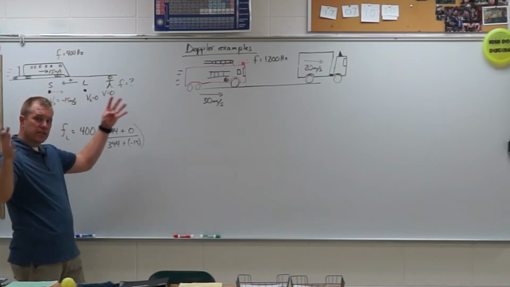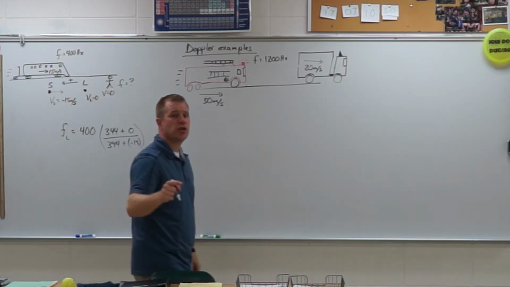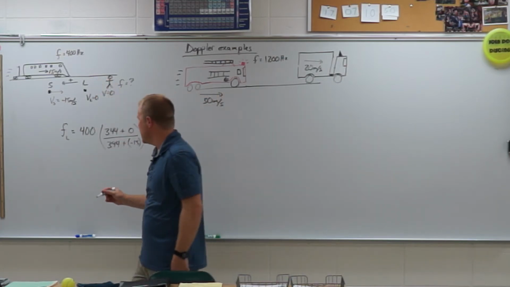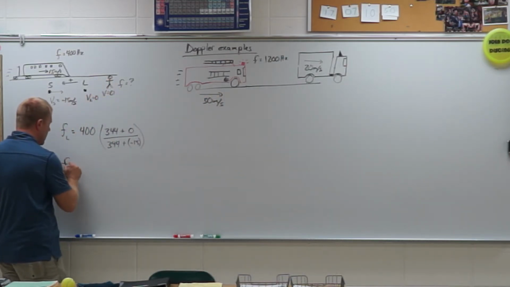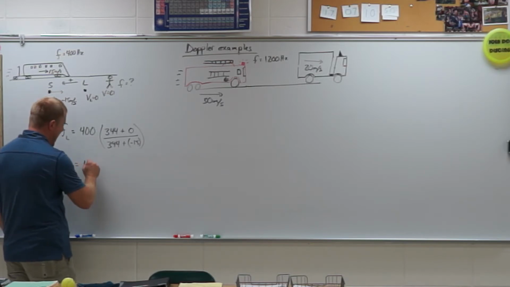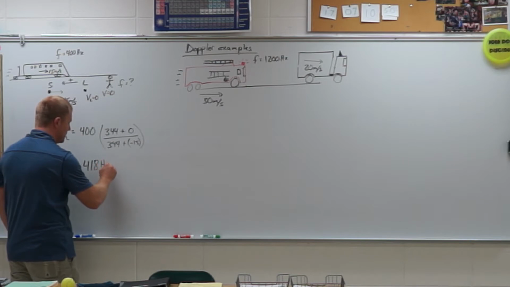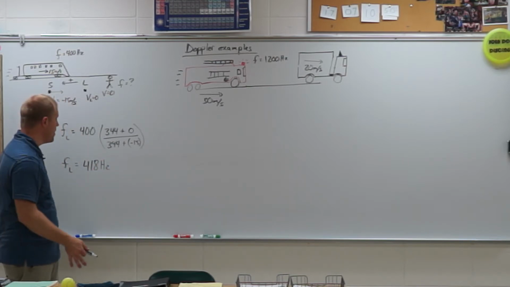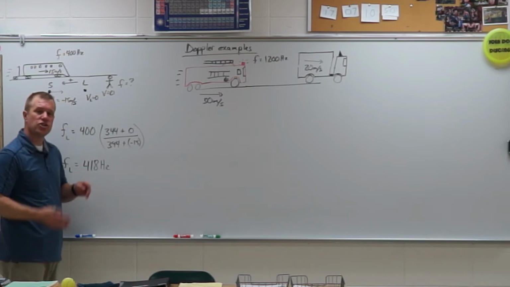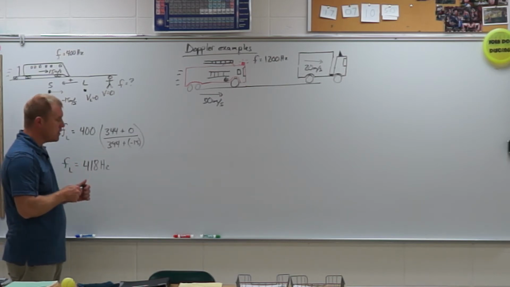Now these two objects are getting closer together, so we should hear a higher frequency than is being emitted. When we plug this into our calculator, we find the observed frequency is 418 hertz, which is a little bit higher. You can imagine the faster that train goes, the larger this shift in frequency.